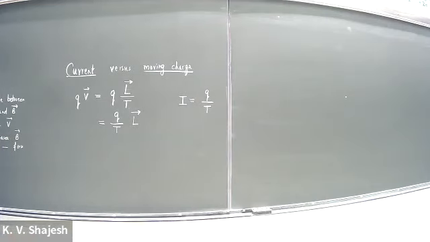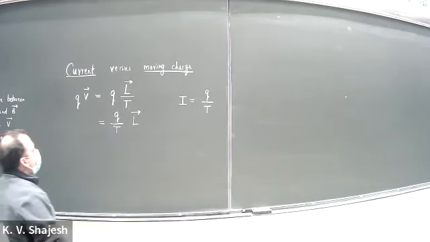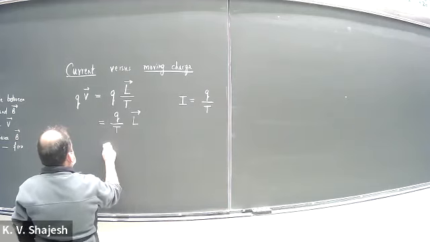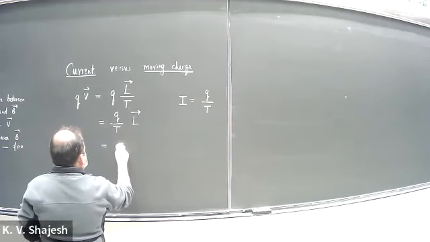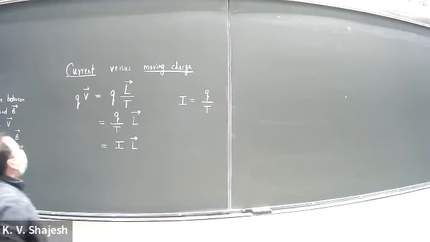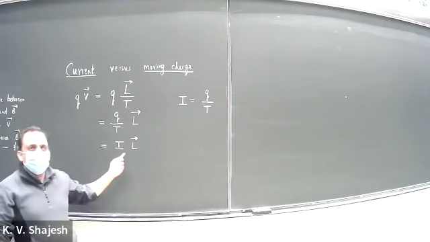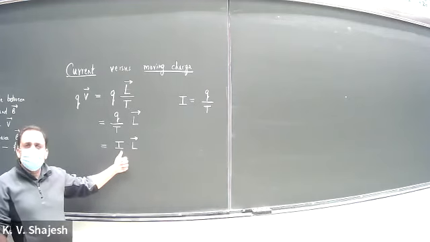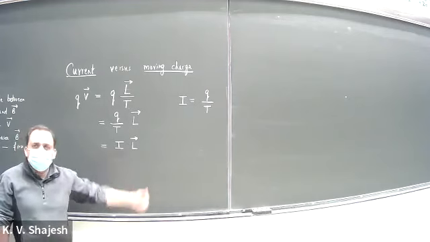So you can change this definition immediately and write it in terms of the current. So this is current times the length L. So the moving charge that we have been talking about has another interpretation in the context of current carrying wires: it is the current in the wire multiplied by the length.